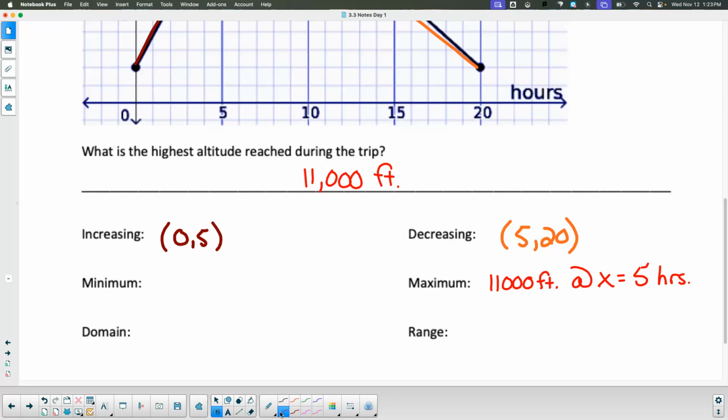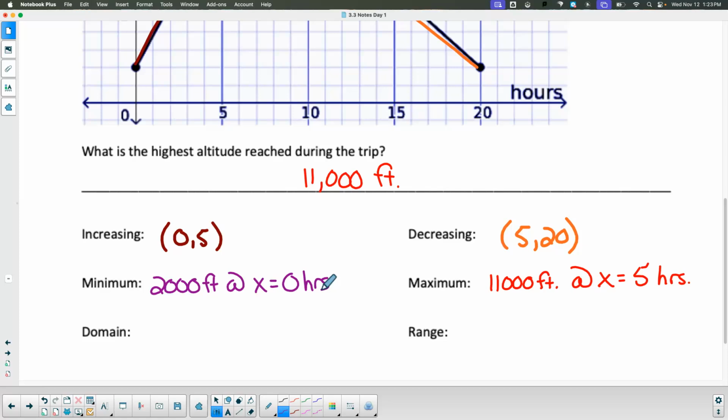Minimum. 2,000 feet at x equals 0 hours. 0 or 20. What did you say there? 0 or 20. Or? Comma. And 20, right?